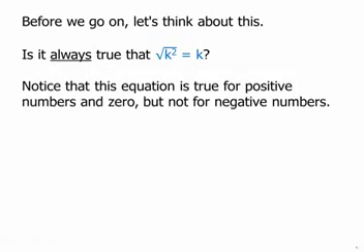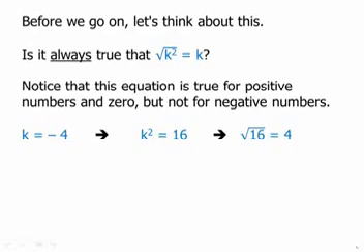And of course the answer is no. The equation is true for positive numbers and for 0, but not for negative values of k. For example, if k equals negative 4, then when we square it, we get positive 16. Negative 4 squared is positive 16. And when we take the square root of 16, we get 4. In other words, we don't go back to the original starting number. So that's important.